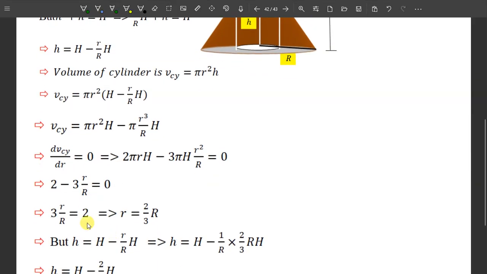From this, let us move this term to the right, and here we have 3r over capital R equal to 2.